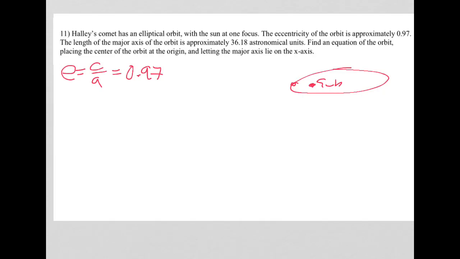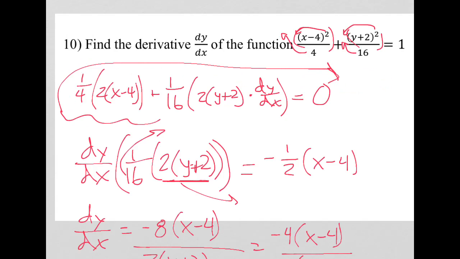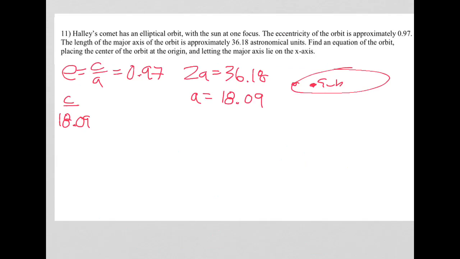And so we have the length of the major axis, which has to be 2a, equals 36.18. Which means that our a value is half of 36, which is 18, and half of 0.18, which is 0.09. So a is 18.09, which then means that c over 18.09 equals the eccentricity, 0.97.